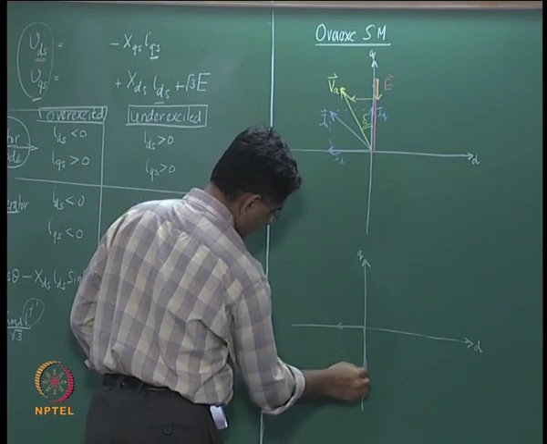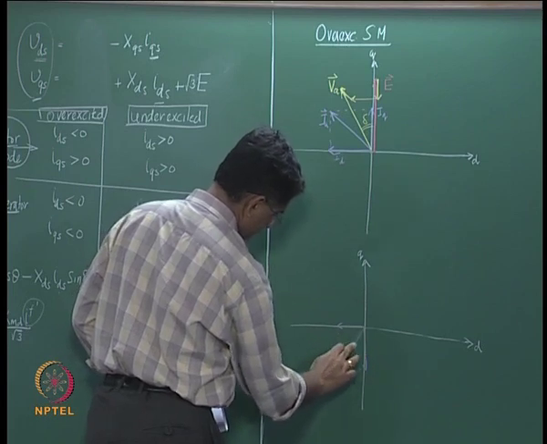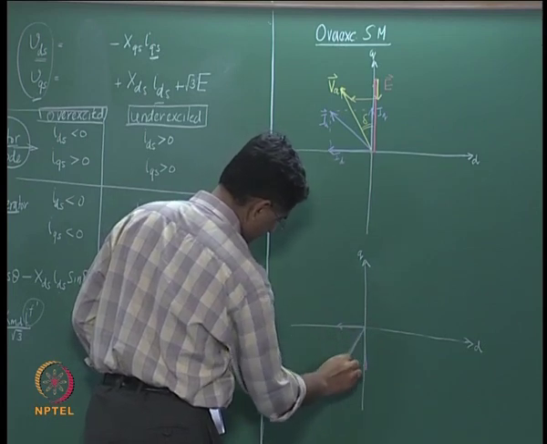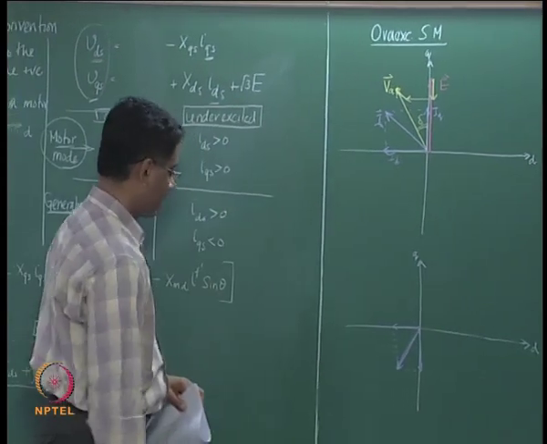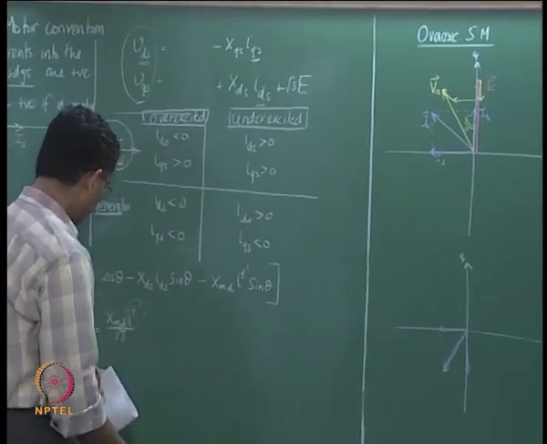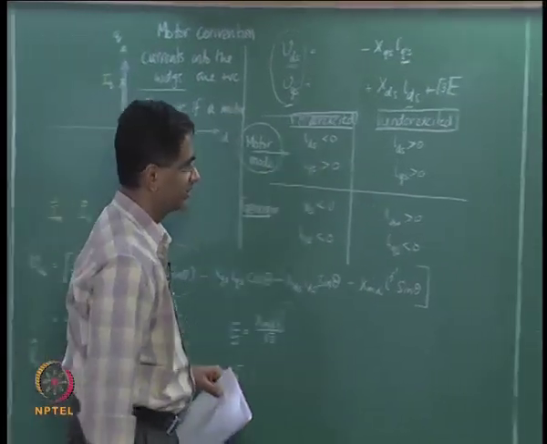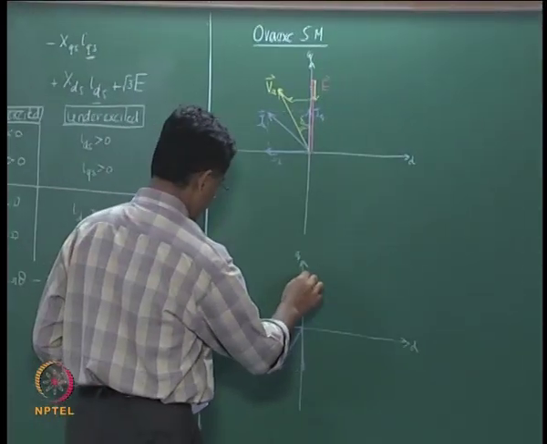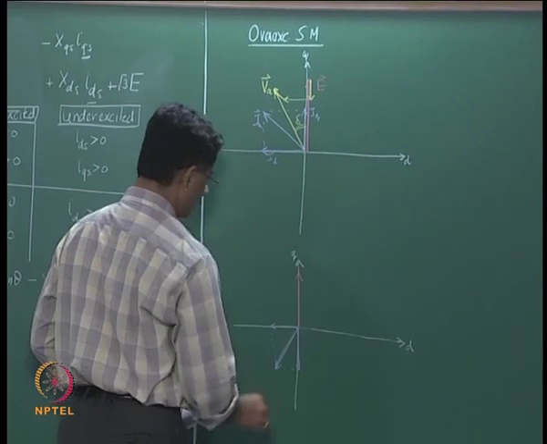So, the phasor of IA will then lie here. This is the phasor of IA, and then you have the induced EMF, which is in all cases along the Q axis, and therefore you have the induced EMF here, that is E.